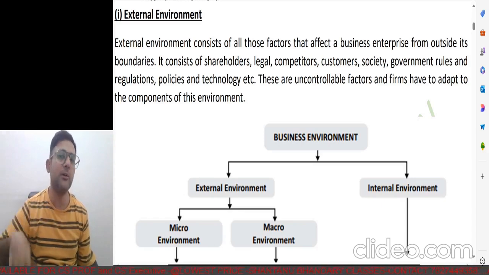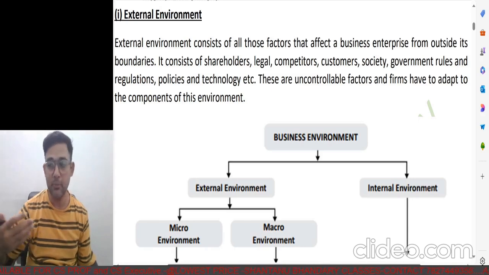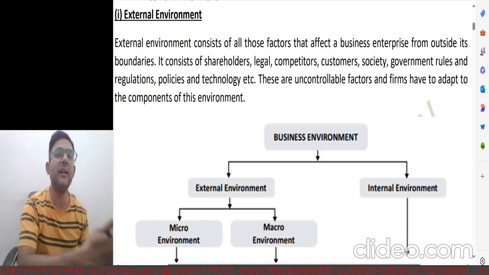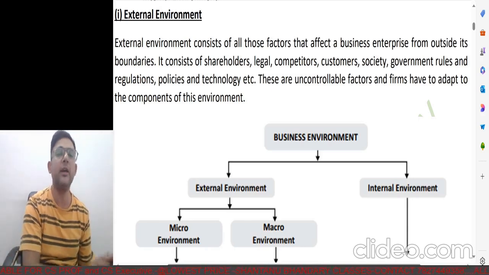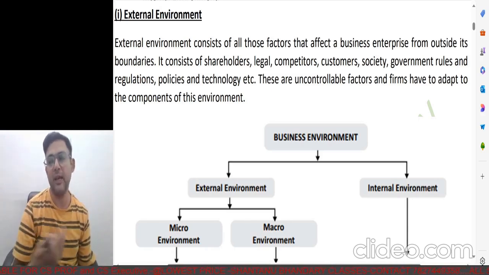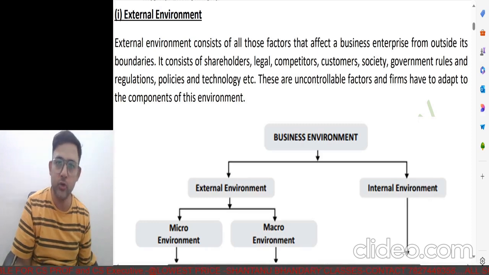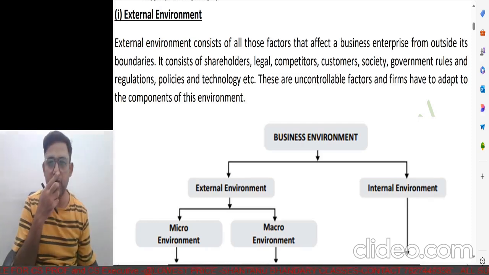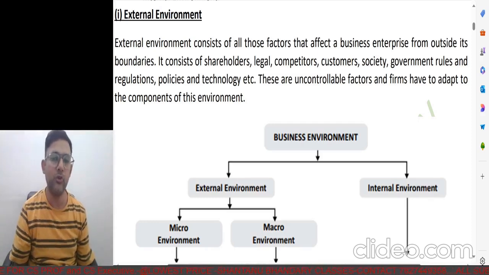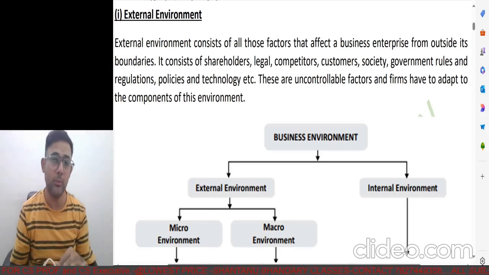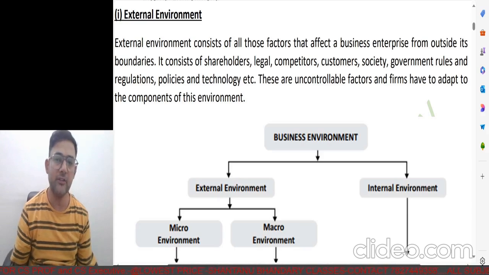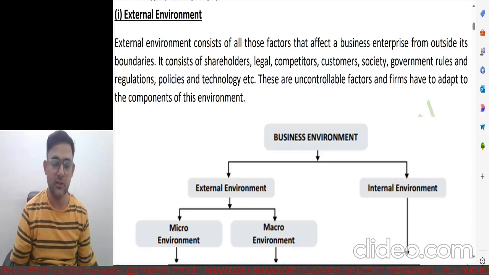All we can do is give discounts, bring major attractions so that they get attracted towards us and inquire about it, and then it might get converted into sales. Who knows? So the external environment is about those factors which we really don't control, or have very little control over. For example, shareholders, legal, competition, consumer, society, government rules.